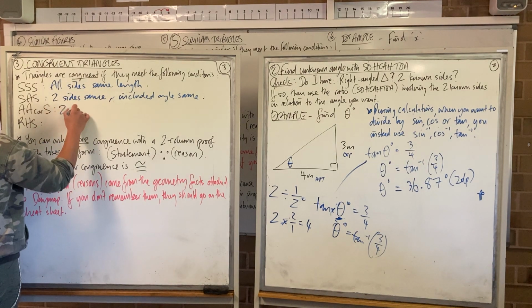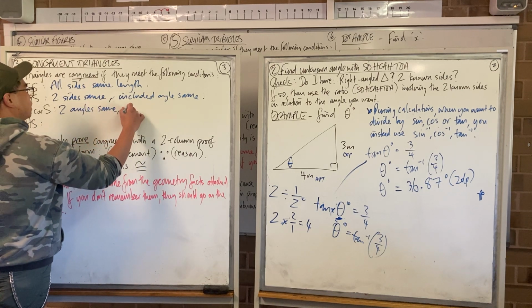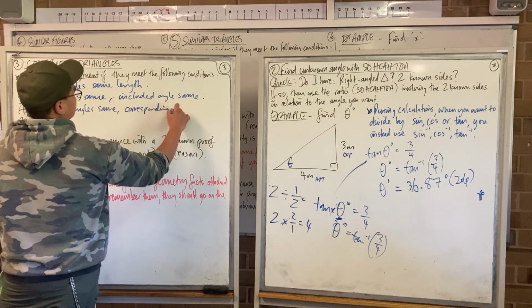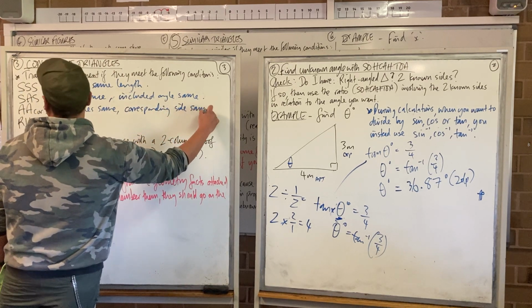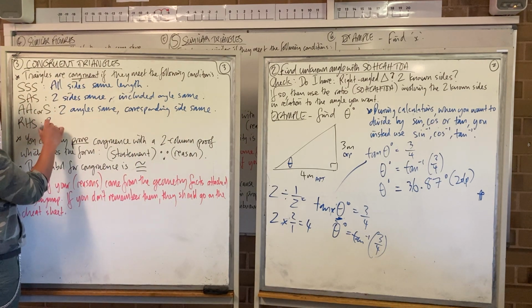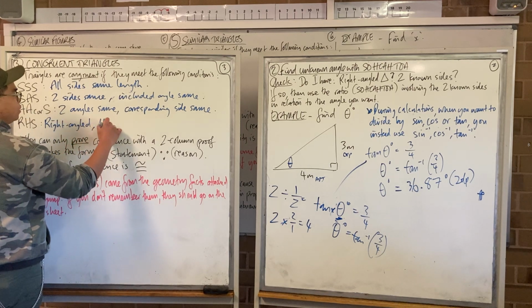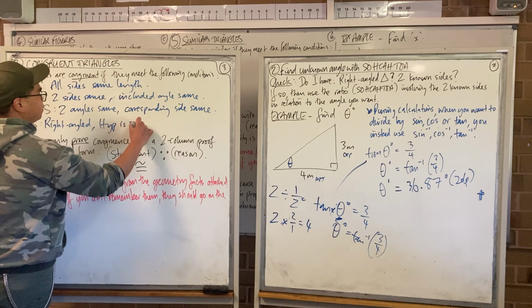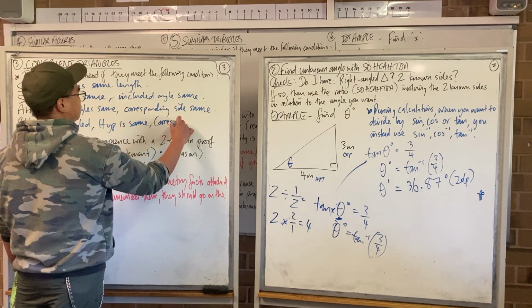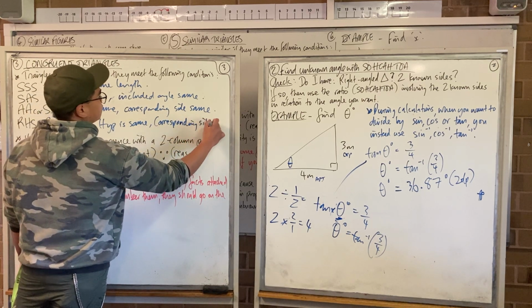Good. 2 angles same and a corresponding side. And what did RHS mean? Right angled. So you check that it's a right angled triangle. The hypotenuse is the same and one other side corresponding.